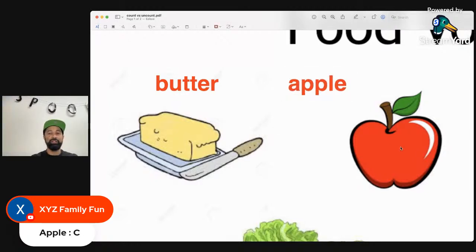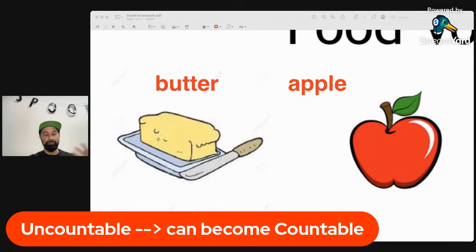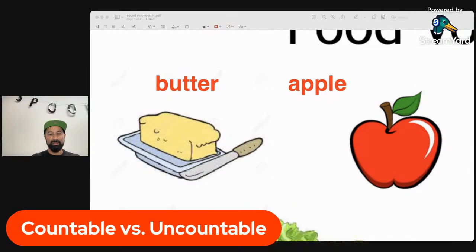Now, in this situation, I only have 1 apple, but let's imagine that we've got 2 or 3 or 4 apples here. Now, if there is more than 1 apple, then for this word, I must put an S. So any countable noun, if it becomes plural, that means more than 1, we add an S.